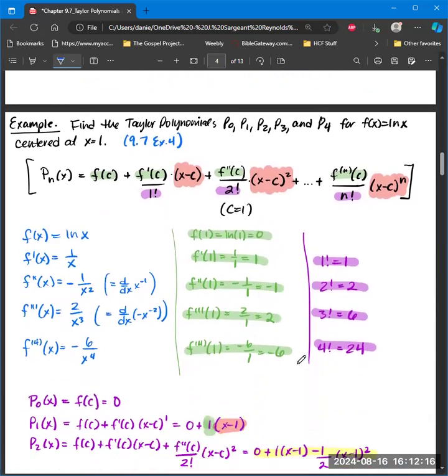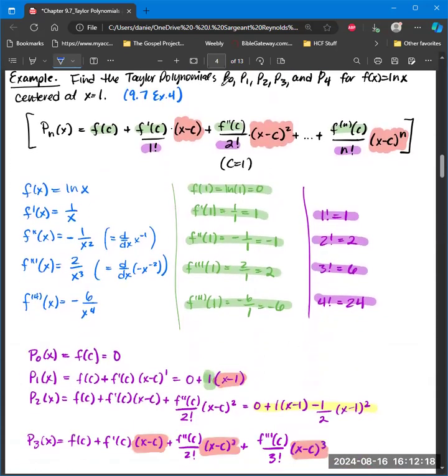Find the Taylor polynomials P0, P1, P2, P3, and P4 for f of x equals ln of x. ln of x is a little strange because we actually can't center it at 0. We're going to have to center it at x equals 1 because 0 is not in the domain of ln.